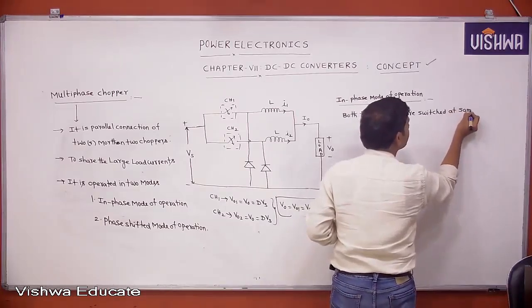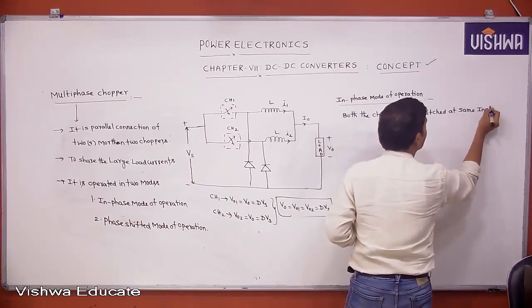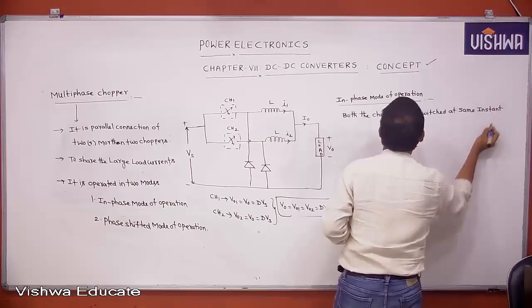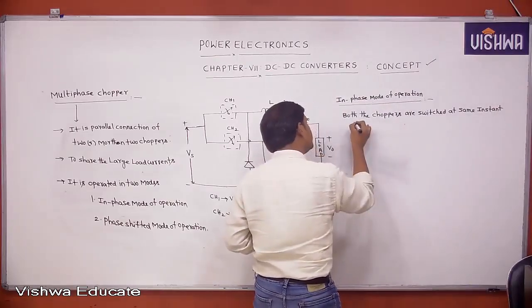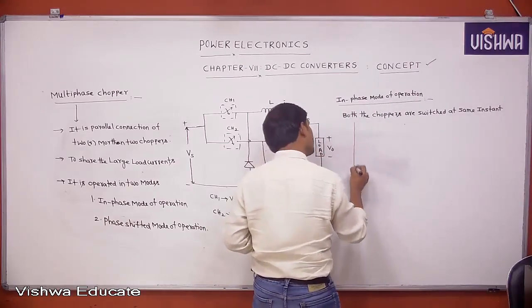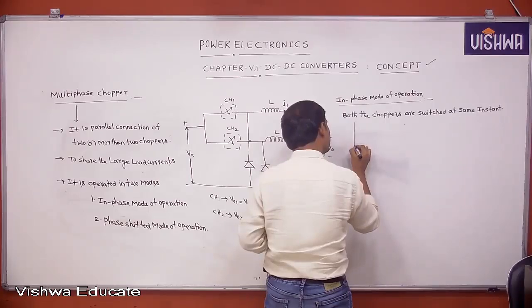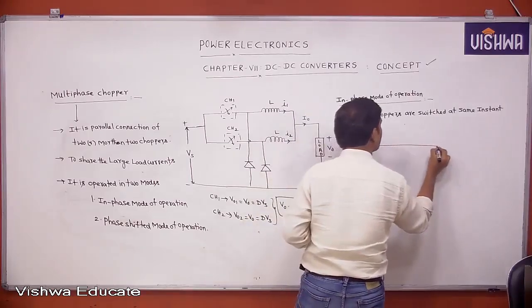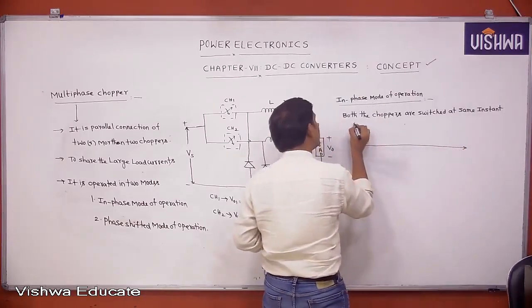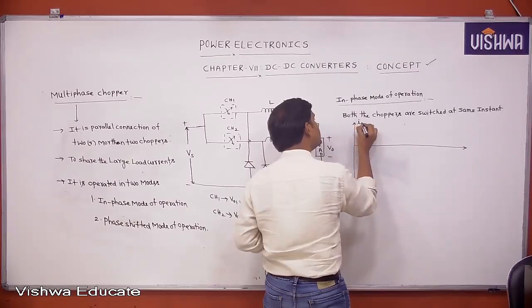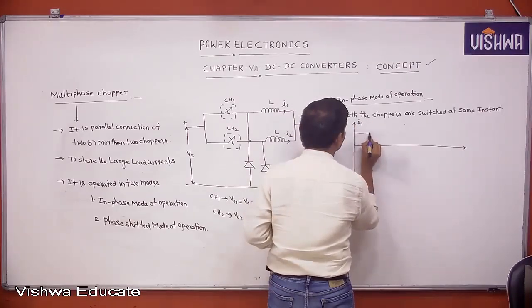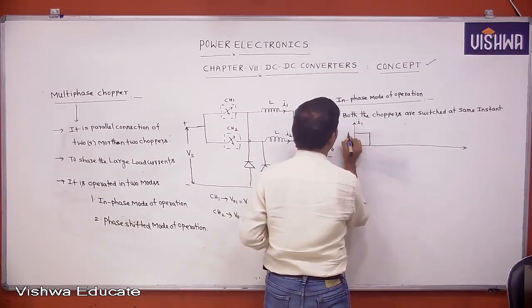Then it is nothing but the in-phase mode of operation. That means you switch like this. With respect to chopper 1, this is the I1 current. So applying I0.